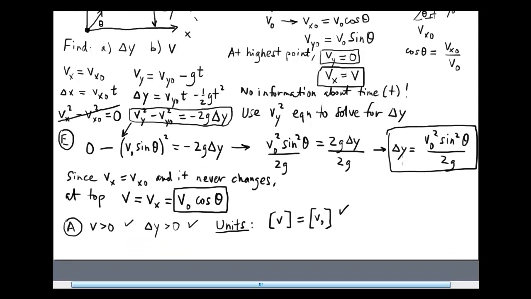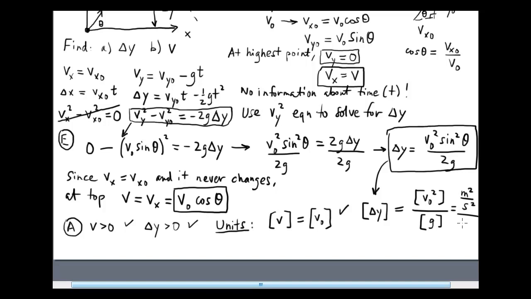This one over here for delta y, let's check that out. The units for delta y should be a distance, but let's check. So they're going to be the units of a velocity squared, right? Sine theta doesn't have any units, divided by the units of g, right? So this is the numerator. A square of a velocity will be meters squared per second squared.